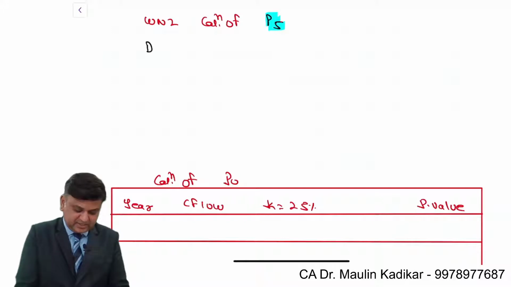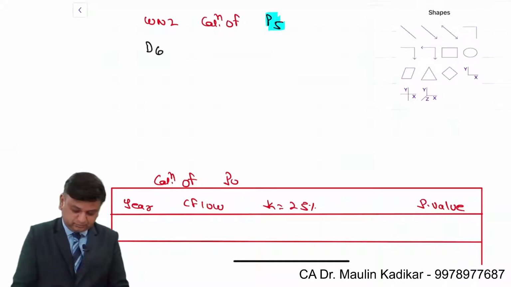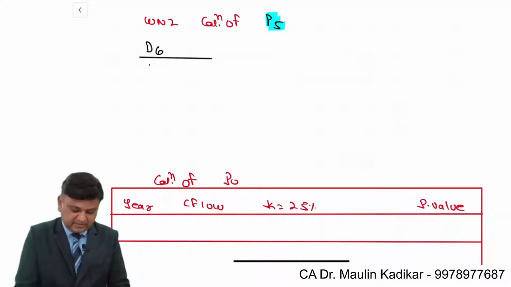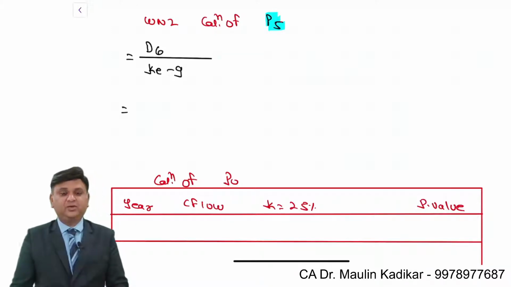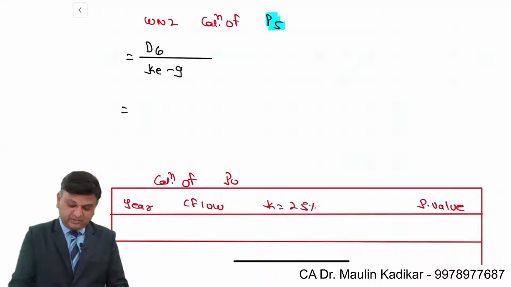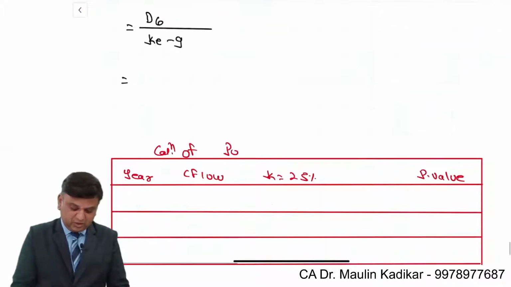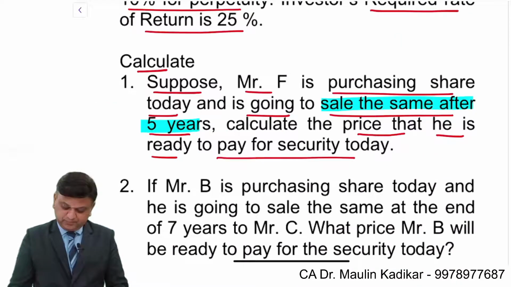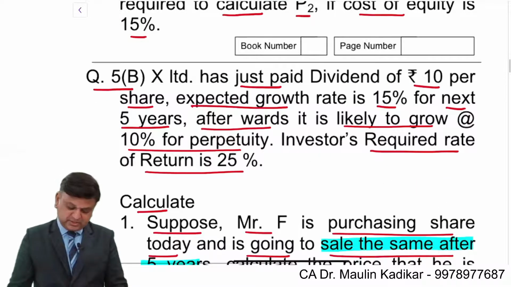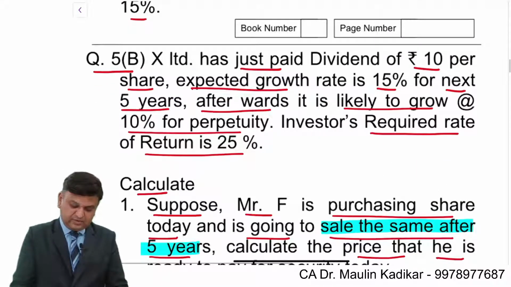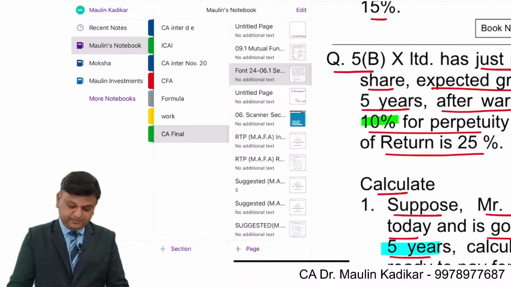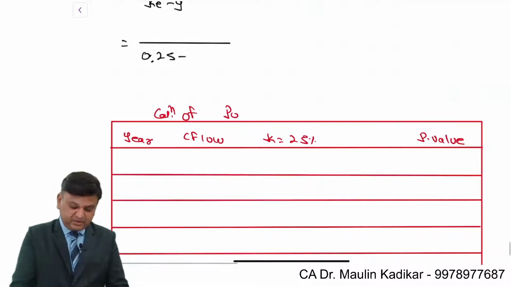P5 will be calculated as D6 divided by K minus C. The 6th-year dividend has been computed by us, divided by cost of equity which is 25%, minus growth rate. What is the growth rate? Growth rate is 10%. For the first 5 years it is 15% and then it is 10%. So divided by 10%.